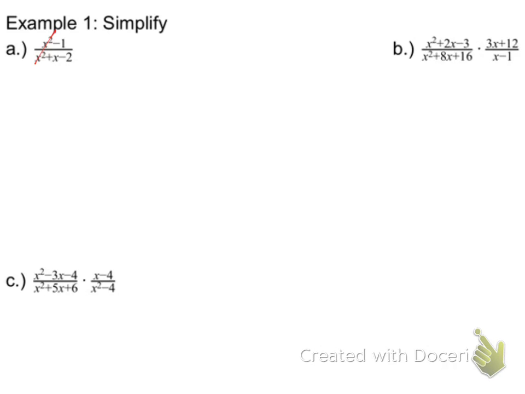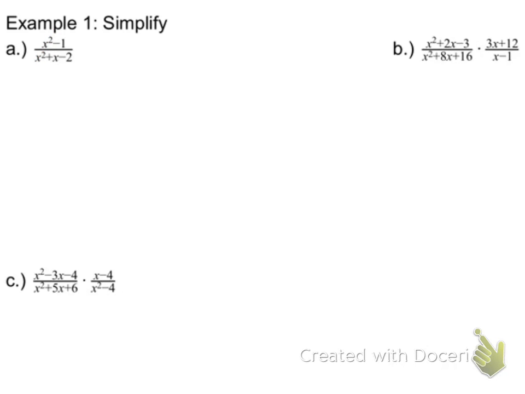Oh, look at that, it's just negative 1 on top over x minus 2. No! Don't do that, please. That's a rookie mistake. Again, if they're added or subtracted, you can't do that. The only time you can do this is if they are multiplied. So, let's take that out of there.